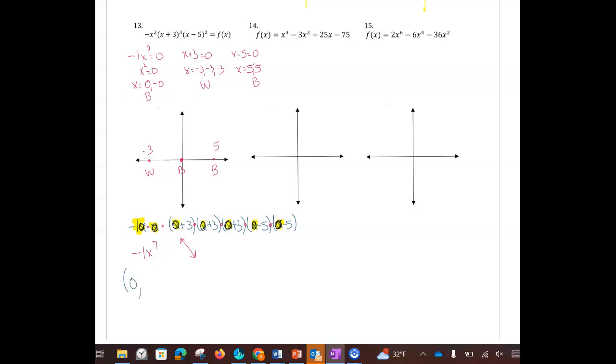If I start multiplying left to right, we'll have a 0 times a 0 times a 3 times a 3 times 3 times a -5 times a -5. Maybe at this point you realize that as soon as I multiply by 0, the whole thing becomes 0. So there's my y-intercept, which I already have graphed.